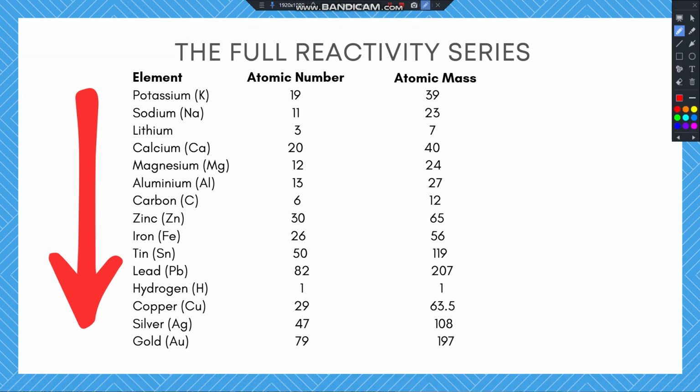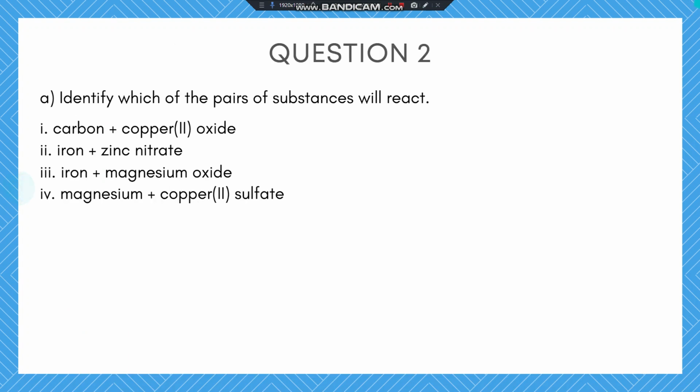The position of carbon is over here, as you can see, and the position of copper is way below carbon. So it means carbon is stronger than copper. That means carbon will be able to displace copper in a chemical reaction. So this reaction will actually take place. They will react because carbon will displace copper from this compound.